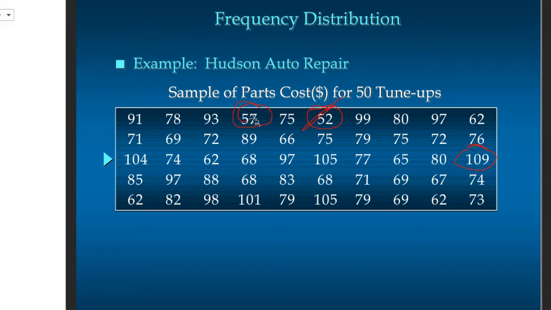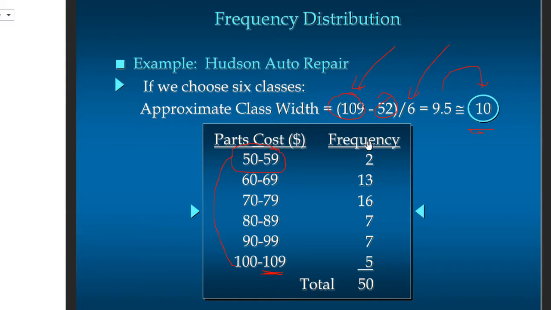This one also has between 50 to 59. So this 52 and 57, any other numbers in the 50s? Not really. So we have 2. So that's how they got this number 2, right?